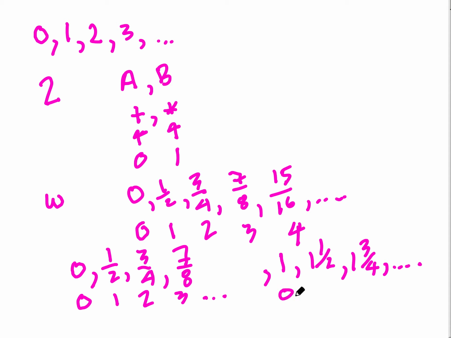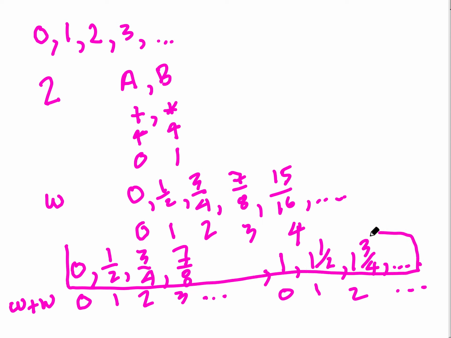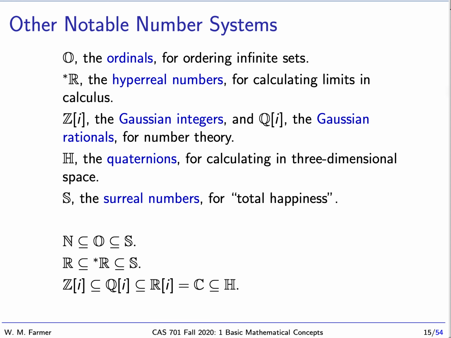And then we start again, 0, 1, 2, and so forth. And this ordinal number is omega plus omega. If we were ordering this set of numbers, the name for how they're ordered is omega plus omega. Okay, so that's a really quick introduction to ordinals.